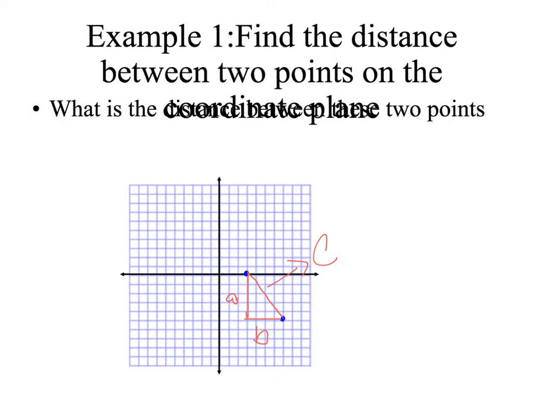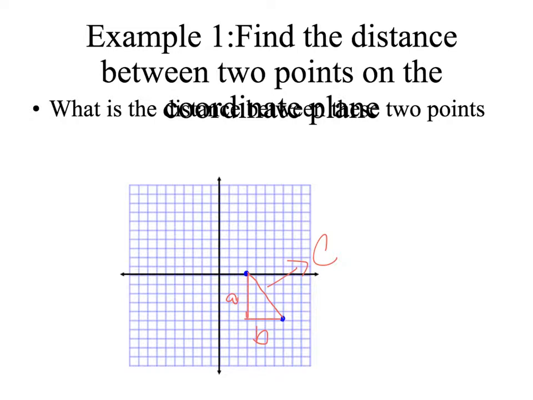In order to get the numbers, because we're on the coordinate plane, we can use the straight sides and count how many boxes. We're not interested in the ordered pairs. It doesn't matter that I'm down in a negative quadrant or anything like that. All of our distances are going to be positive, so you're just counting boxes.